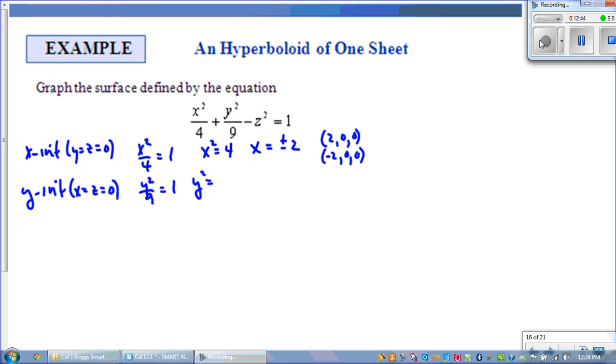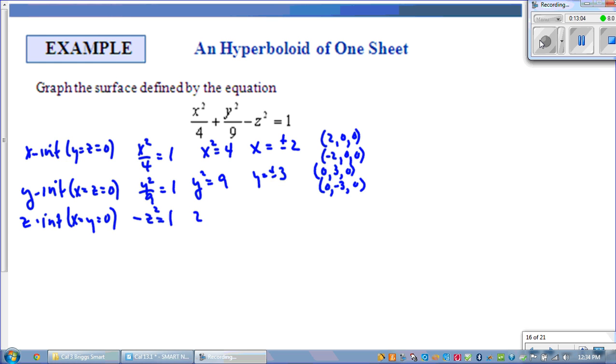So y is either 3 or negative 3. And z-intercept. Well, that means z squared is negative 1, which has no solution. So that means that this surface does not intersect the z-axis at all.